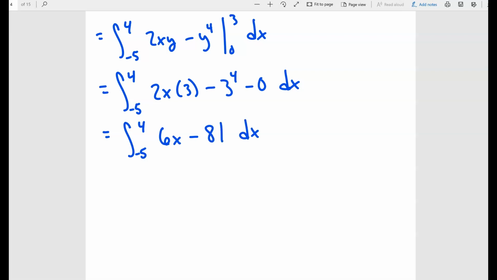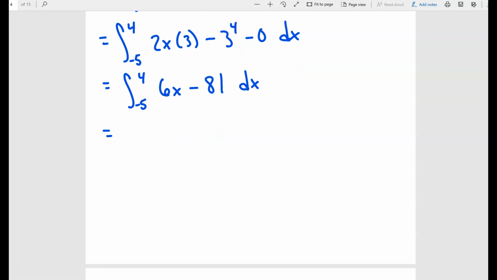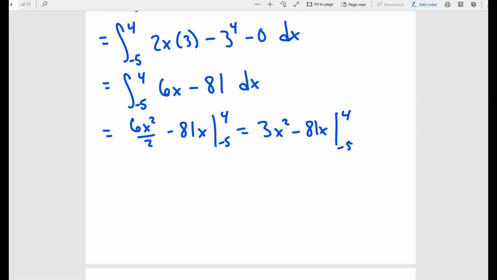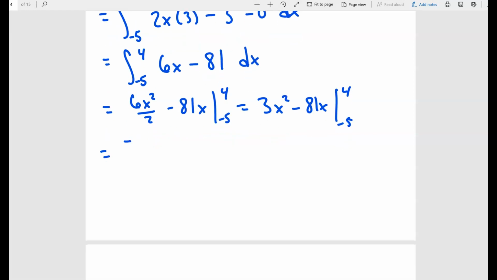All right, and now I'm going to take the antiderivative of this. So I'm going to have 6x squared over 2 minus 81x from -5 to 4, which gives me 3x squared minus 81x from -5 to 4. Okay, so now I'm going to plug them in. 3 times 4 squared minus 81 times 4.